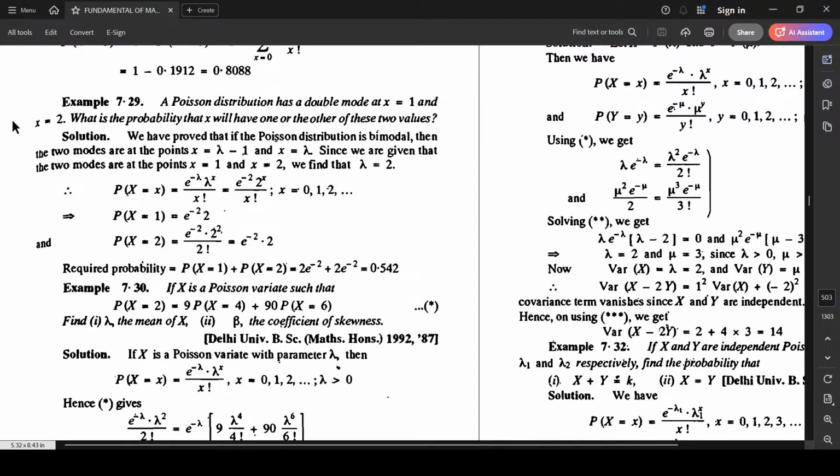This is one value and this is the second value, 1 and 2. And why is it writing minus 1 here?